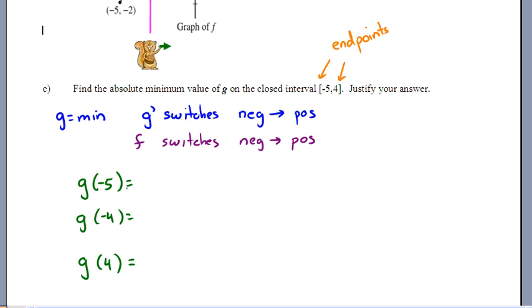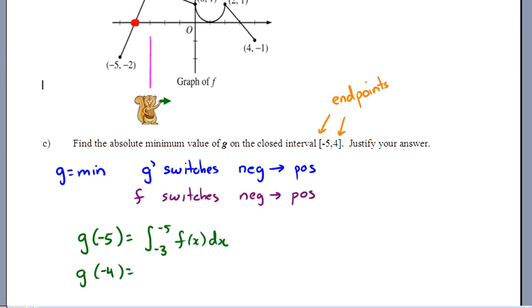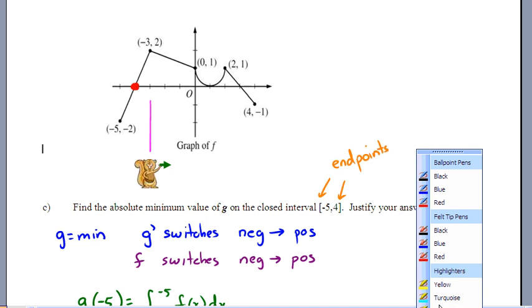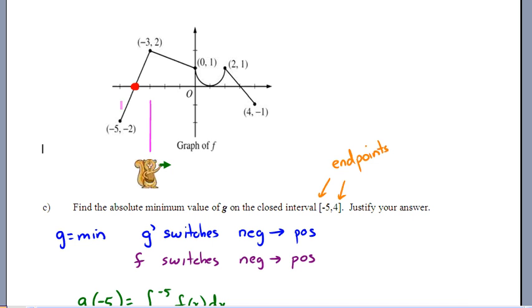Okay, well, this first one is the chipmunk gathering area up from -3, that was its start, to -5. The area underneath f of x. Let's go look at that. I think we're going to be able to do this one pretty quick. If that chipmunk goes and gathers area from -3 to -5, in here, as it does this negative walk on a positive function, that pink area, as far as a definite integral, will come up as a negative.